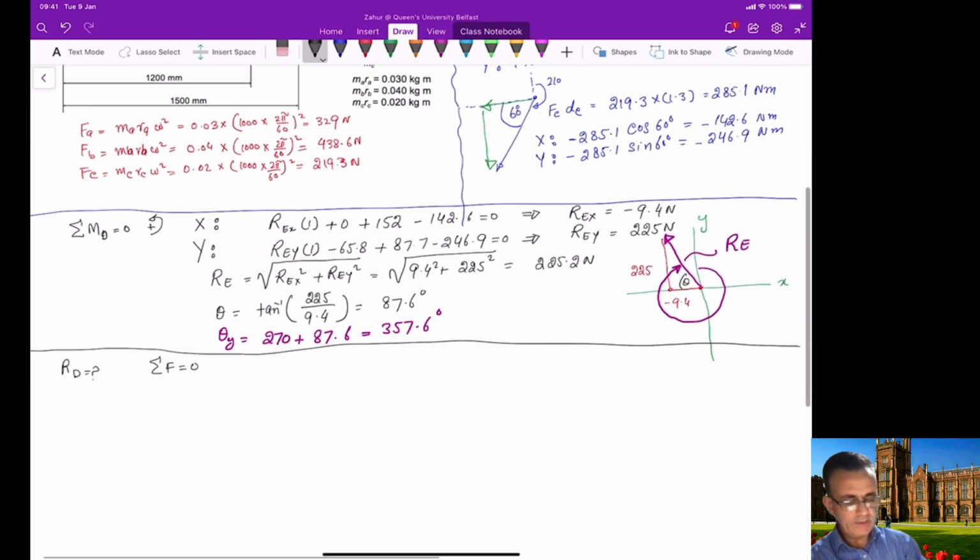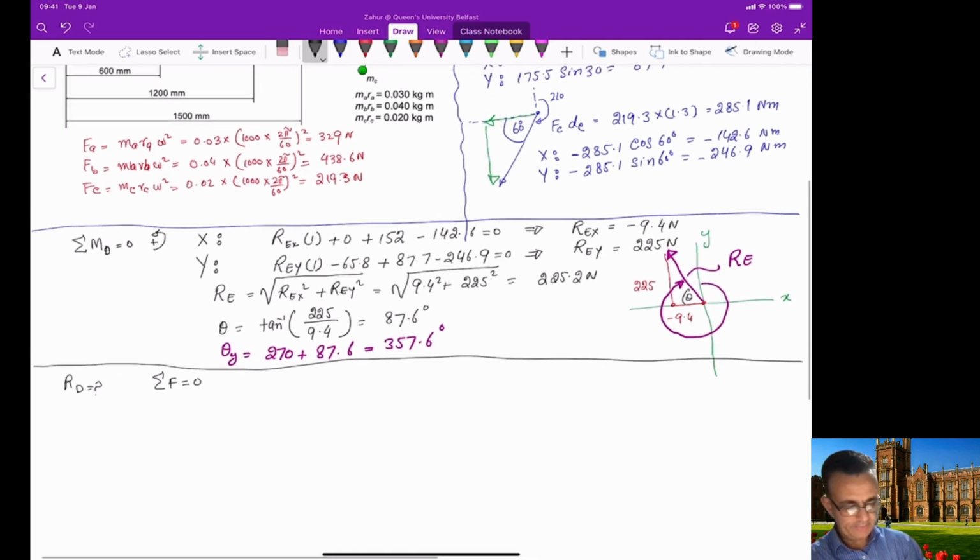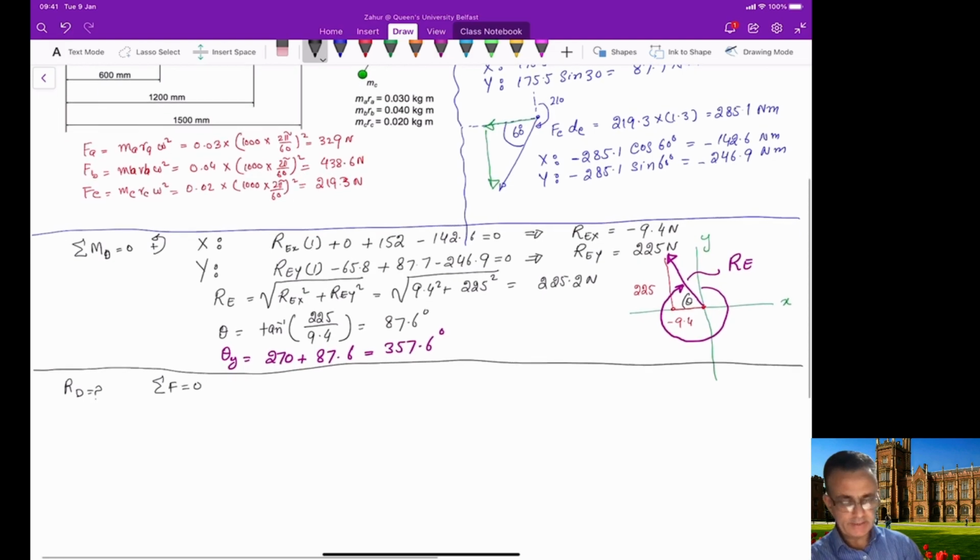As you know, we have all these forces: FA, FB, FC, and similarly we also have this RE here. So we can do it very easily. If you just take FA, FA is in the vertical direction here.